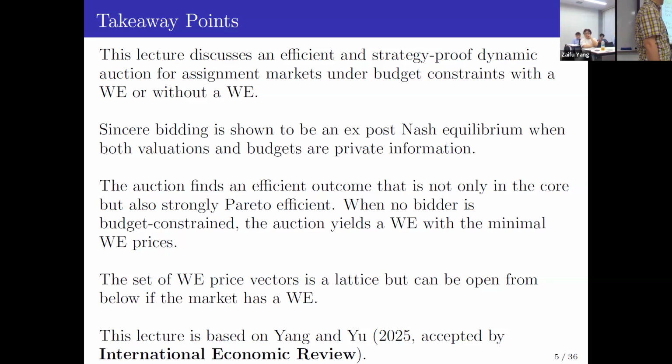This lattice structure is different from the assignment without budget constraints: the lattice can be open from below, but it is still closed from above. This is a recent paper of mine with my co-author Yi, just last month accepted by the International Economic Review.